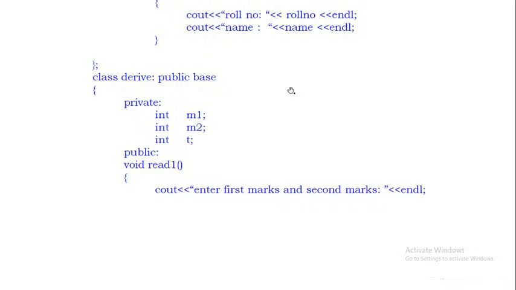Memory will be allocated, correct? Suppose I take m1. Whenever you declare a variable, memory will be allocated. Again, memory will be allocated for m2, and also for t.